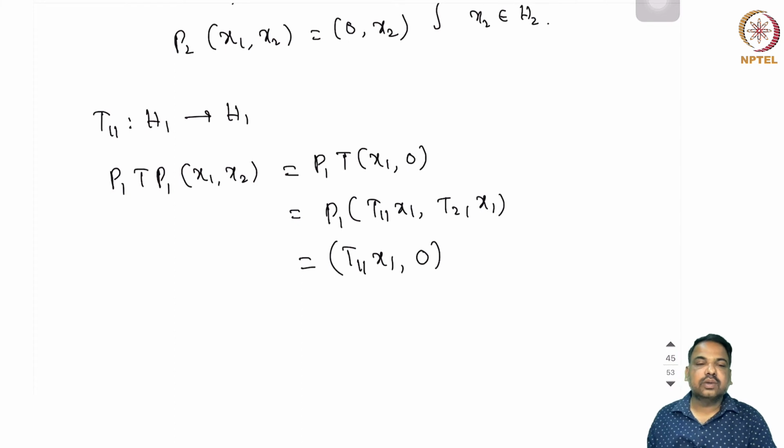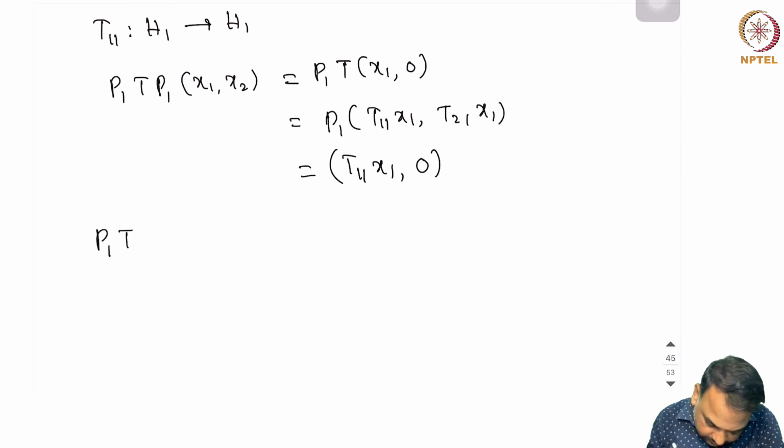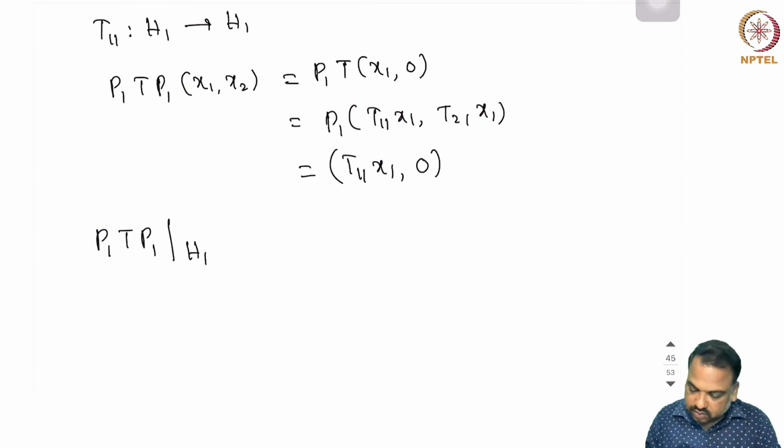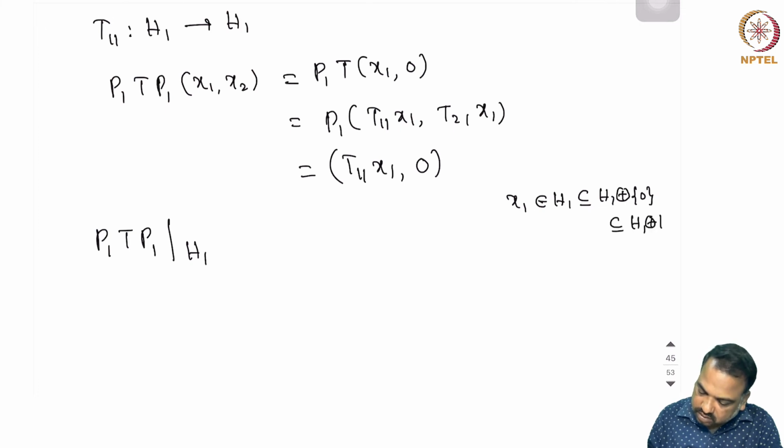Now if you don't want the second component, the X2 component, then we get T11 at X1. So X1 is an element from H1. If you look at P1 T P1 restricted to H1, we know that X1 is coming from H1. We know that H1 is a subset of H1 direct sum 0, which is a subset of H1 direct sum H2.